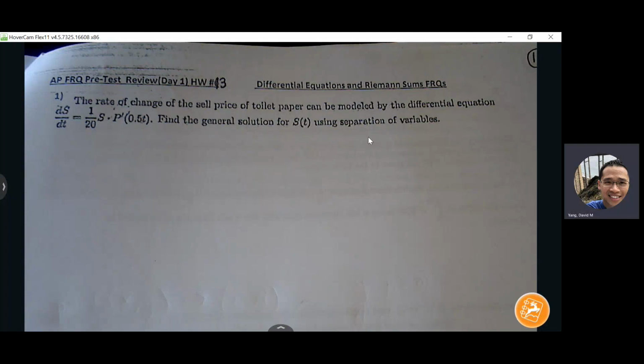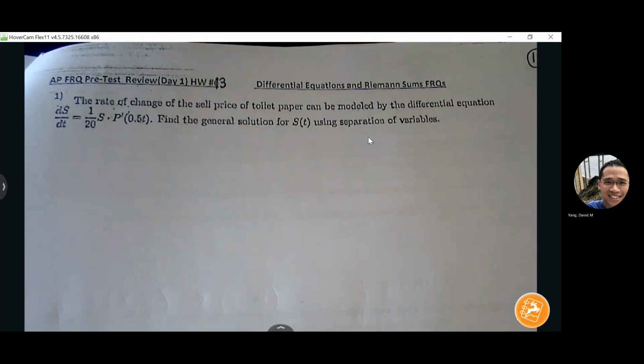The rate of change of the sell price of toilet paper can be modeled by the differential equation ds/dt equals 1/20th s p prime. Find the general solution for s of t using differential equations.